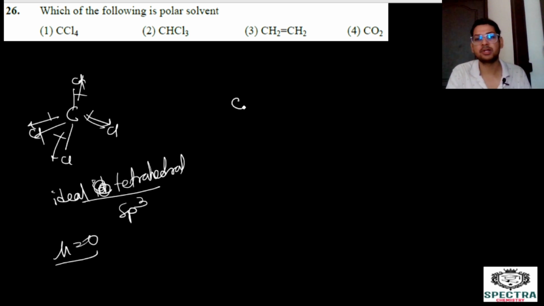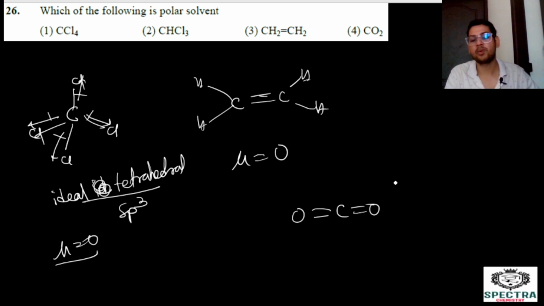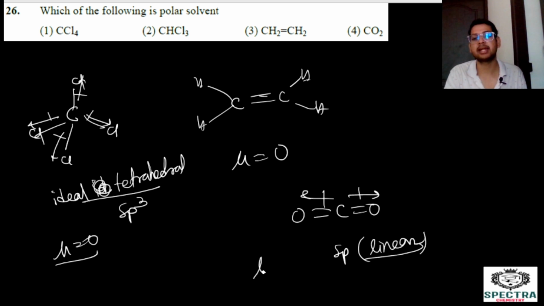Sir, CH2=CH2 is a planar structure, and it is a symmetrical structure, mu equal to 0. Sir, CO2, you have told us whenever we do hybridization that it is sp, meaning linear structure, and this dipole moment and this dipole moment cancel out each other, so mu equal to 0.